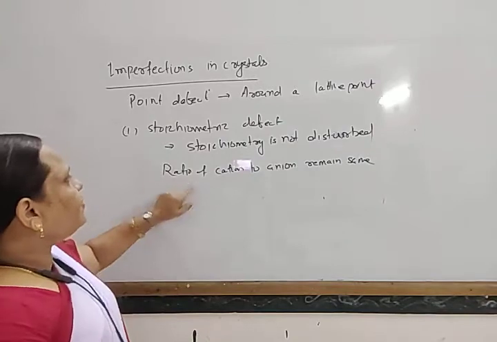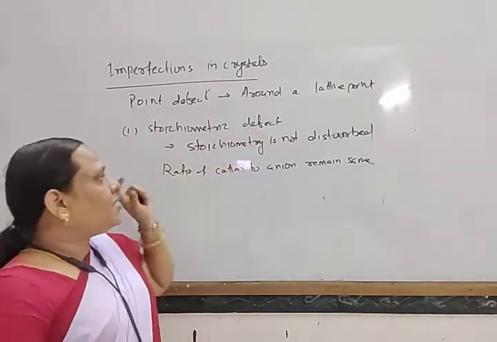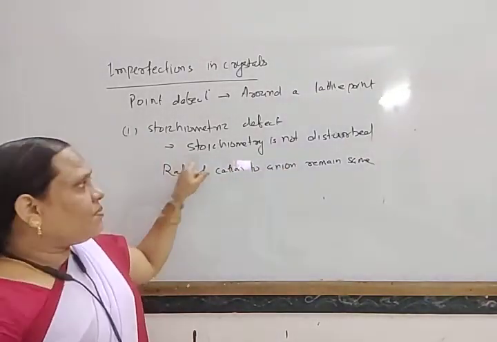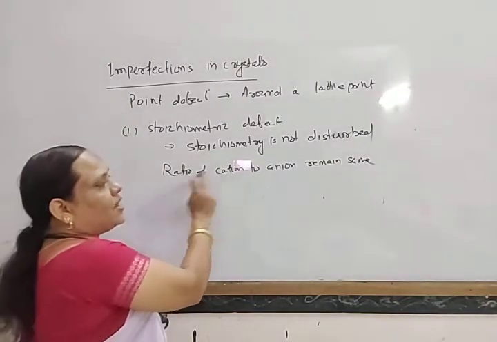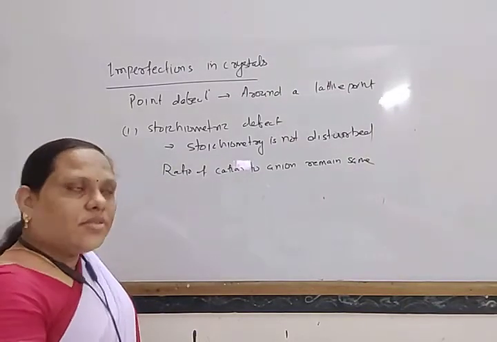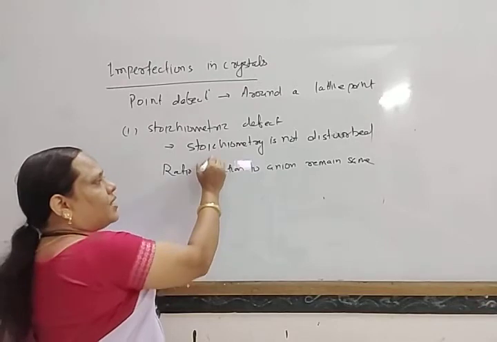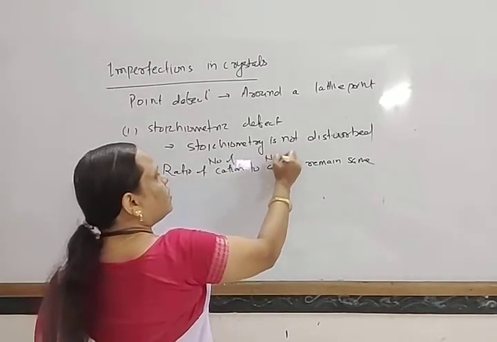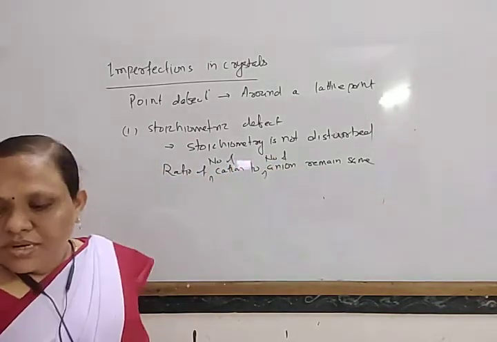That type of defect is called stoichiometric defect. So when the ratio of the number of cations to the number of anions remains the same, that is called stoichiometric defect.